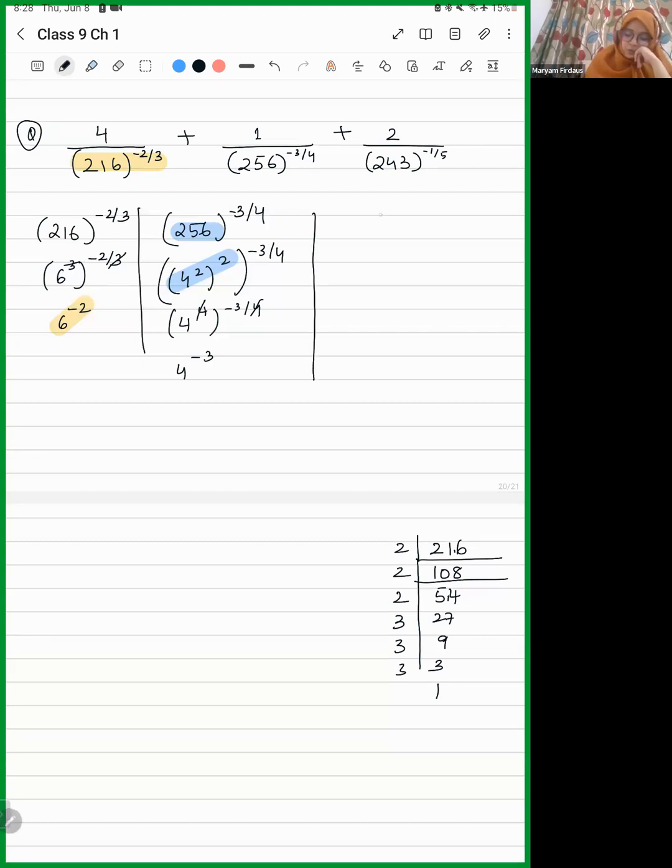Let's continue. Now 243. Now remember, it is the fifth root of 243, it is 1 by 5. So 243 to the power minus 1 by 5. That means it must be a very small number.